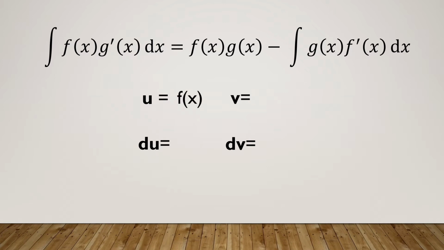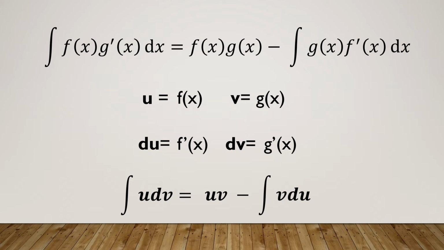For u, I'm going to designate the f of x function, and for v, the g of x function. The derivatives of both functions will be du for f prime and dv for g prime. After making all of our substitutions and inserting our new variables into the equation, we now have the formula that we need to do integration by parts, which is the integral of u dv equals uv minus the integral of v du.